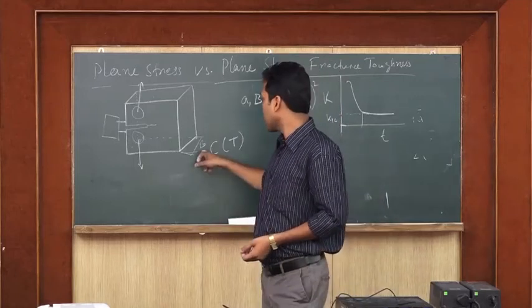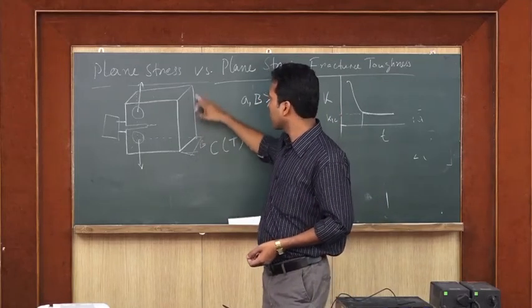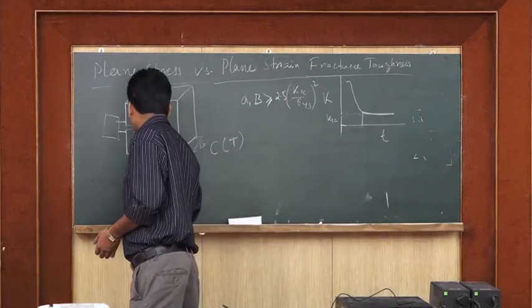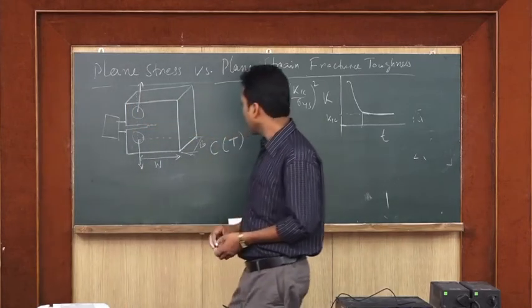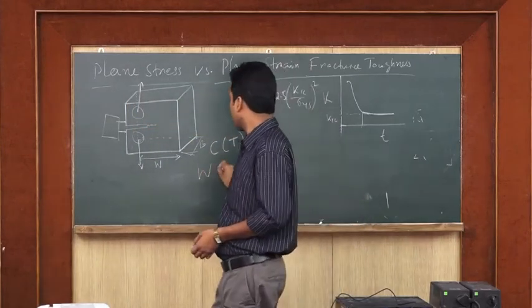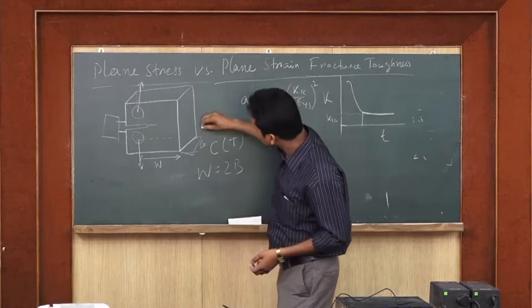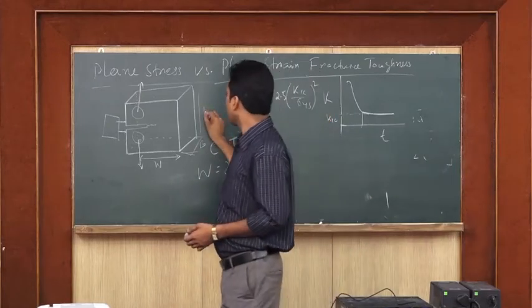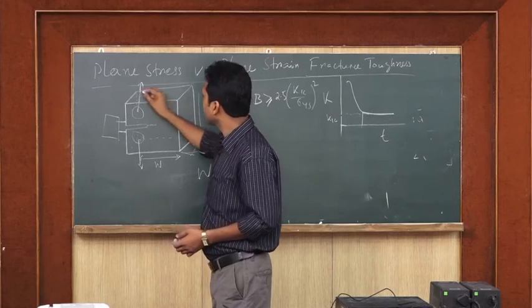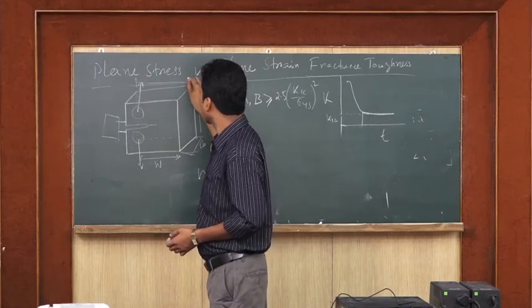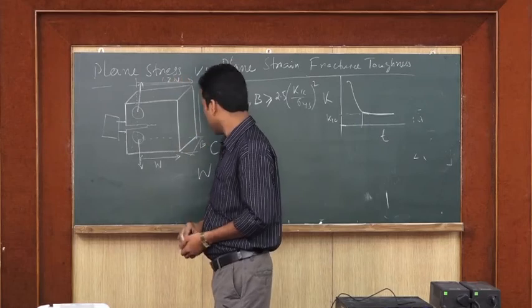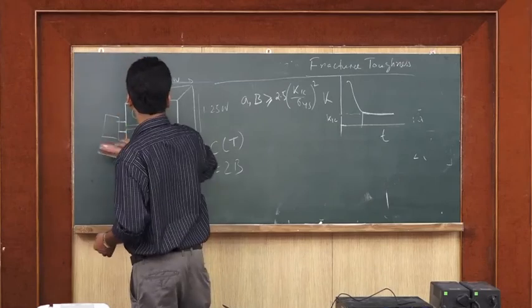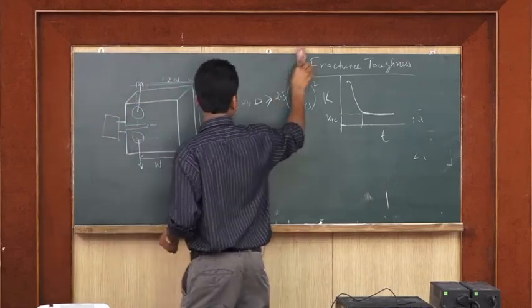Okay. So the dimension is, this is B, and then this length, before telling that I have to tell this is W, and W equals 2B. This length is 1.25 W. This particular length is 1.2 W. Okay.